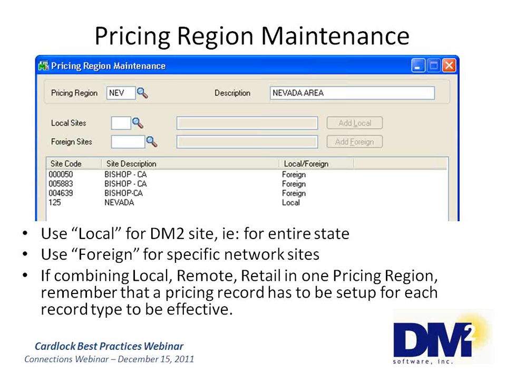In this particular situation, I have set up a pricing region I called Nevada, and I called it Nevada area. So I included Site 125, which is the whole state of Nevada, and then I included 3 sites in Bishop, California, which are so close to the border that I want to price them as though they were Nevada.